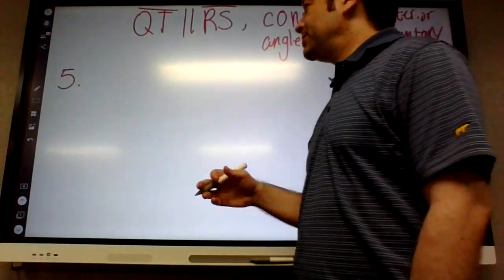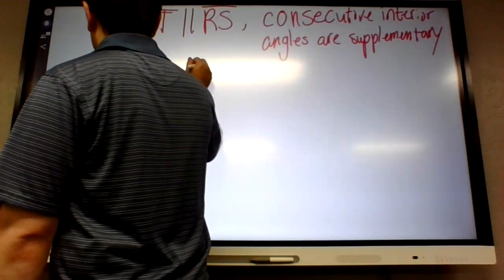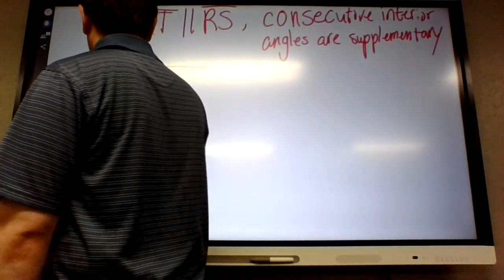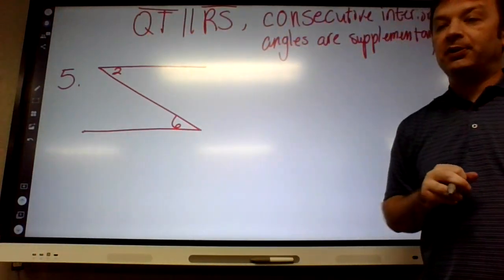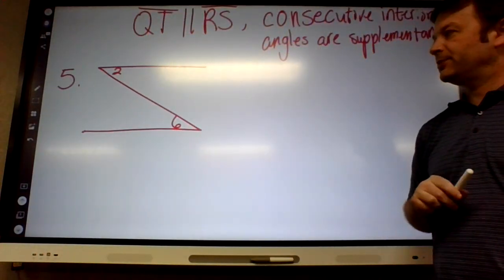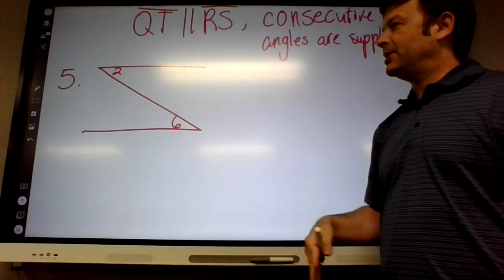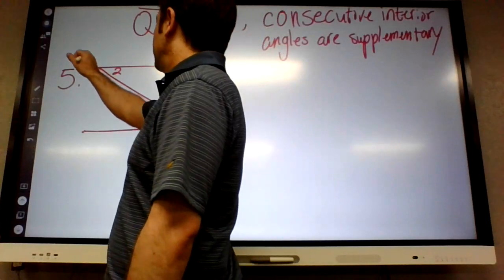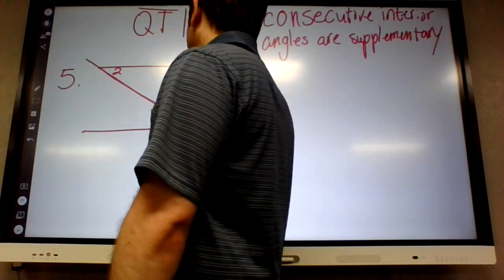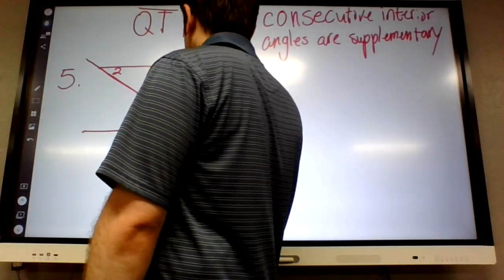If I just drew the lines that create those angles, what would it look like? Backwards Z, right? I'm trying to get rid of the extra lines so it's less confusing. If I extend this one, it looks even a little more clear.